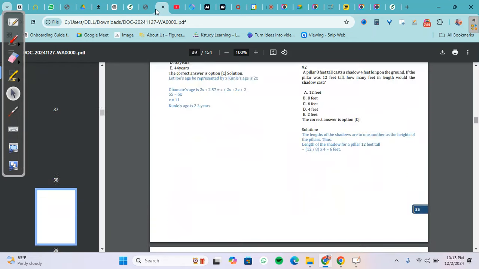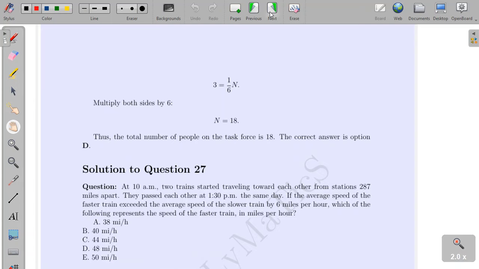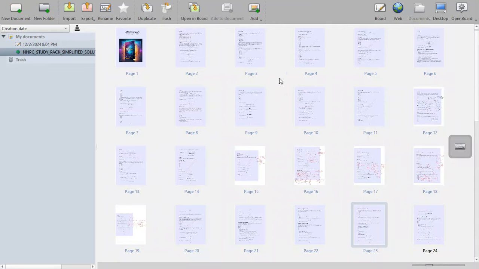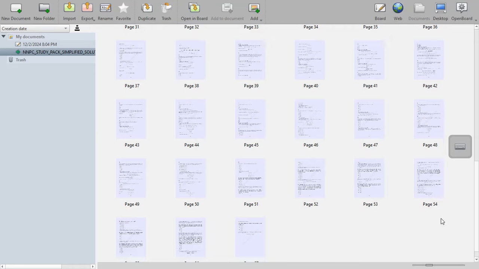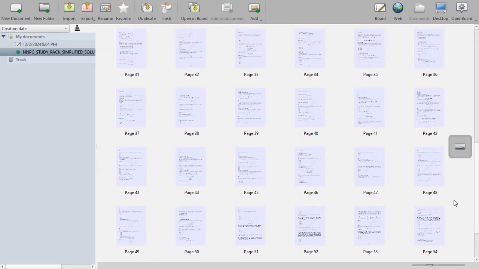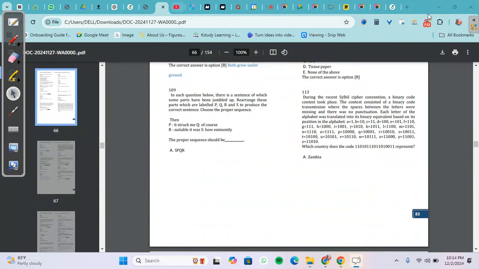Let me pick it from this whiteboard. I'll go to documents and scroll down. Abstract reasoning, right? I don't have the study pack here. This one is the solution. Let's just use this one like that.